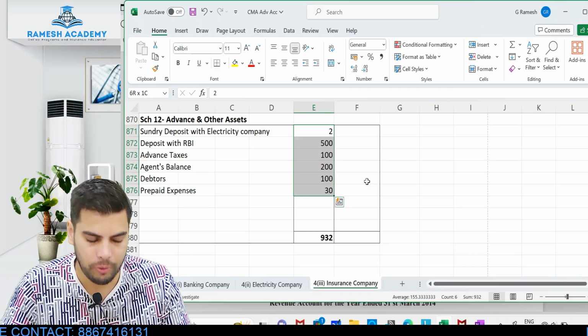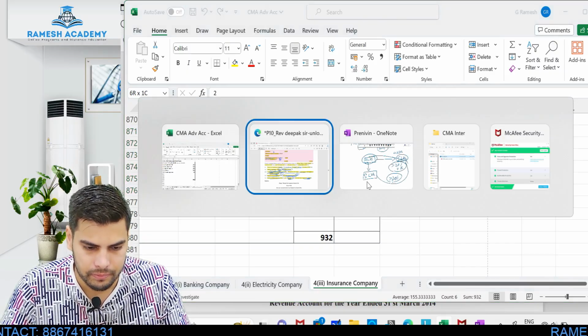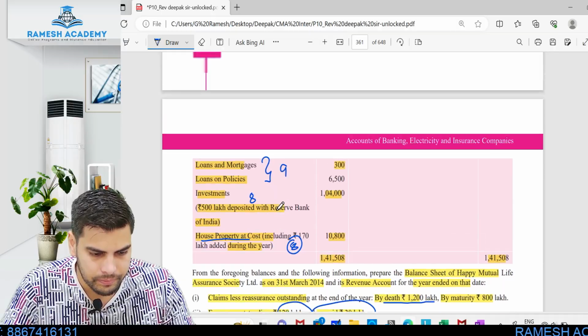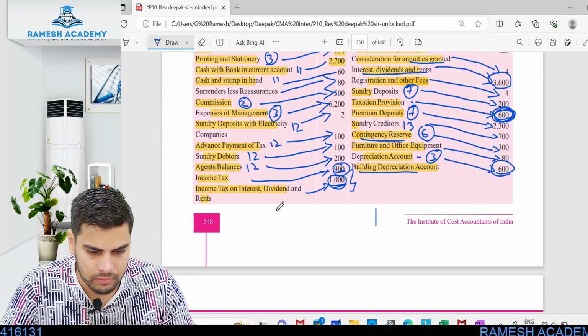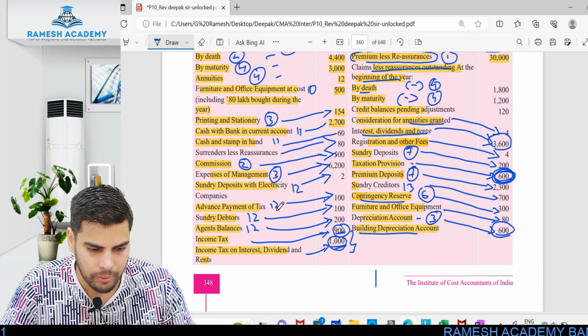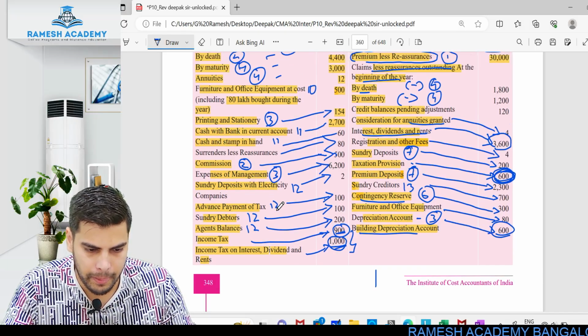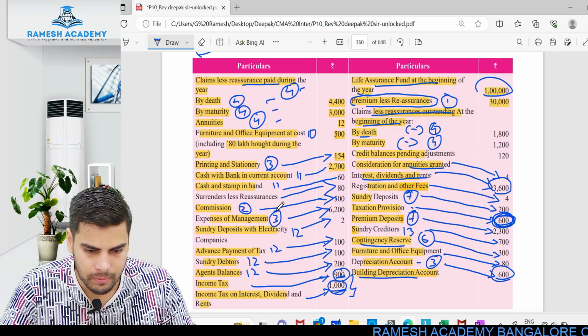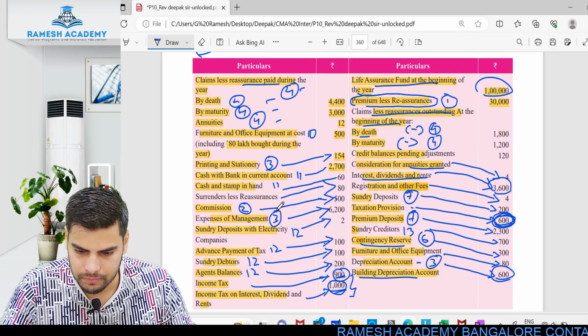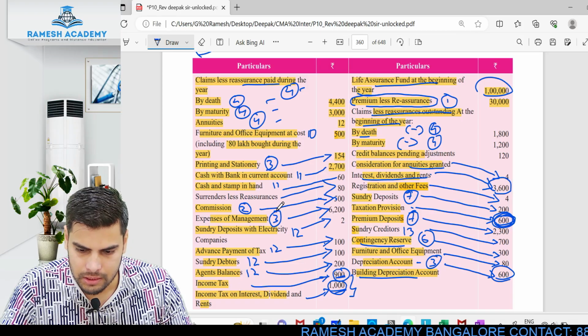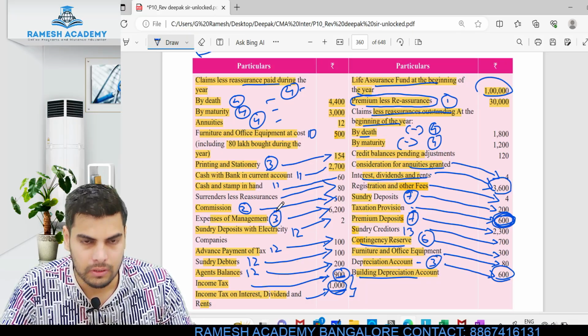Any other deposits which you are maintaining? Just check it out. Any other deposits which you are maintaining? Yes? That's all.